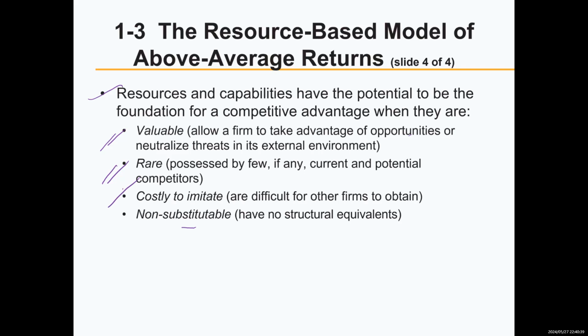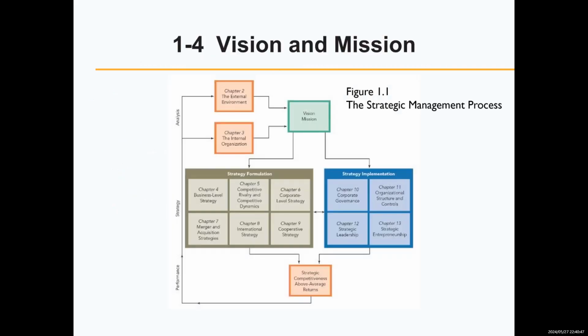Okay, so that's our resource-based model. Now, moving towards our next learning objective, which is to describe vision and mission and their value as well. So I'm going to take you back to our lecture 1, figure 1.1, in which we talk about the SMP, the strategic management process.